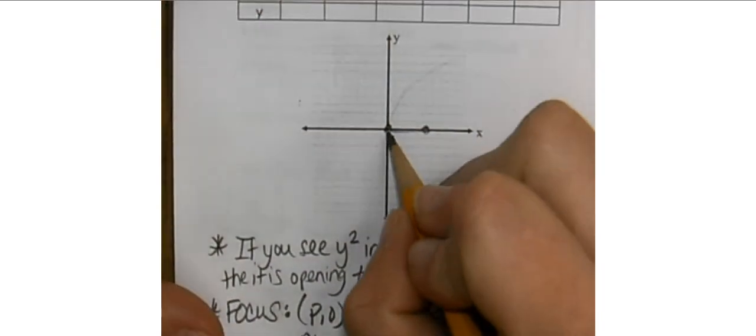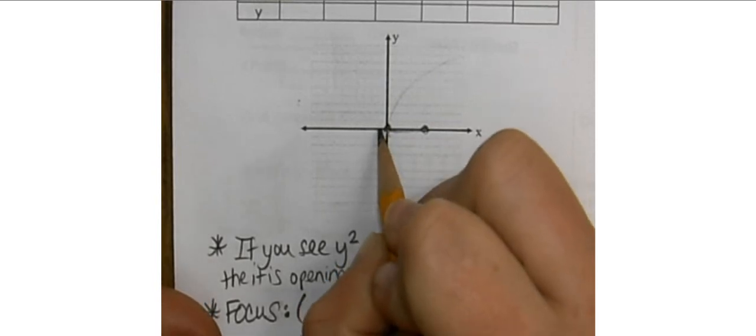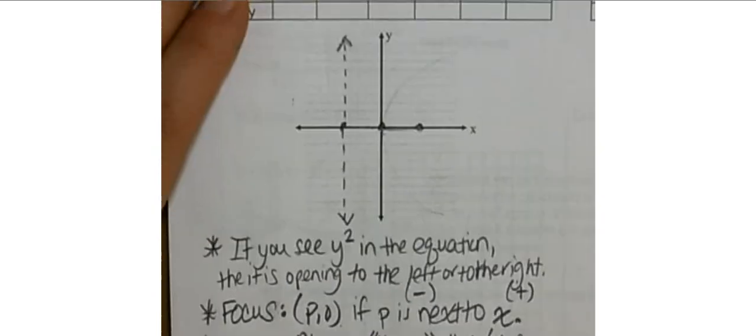So I'm going to count 5 units to the opposite way. So I'm going to count 1, 2, 3, 4, 5. And I'm going to plot a quick point. And from that point, I'm going to draw a vertical line going through that point. And this represents my directrix line.